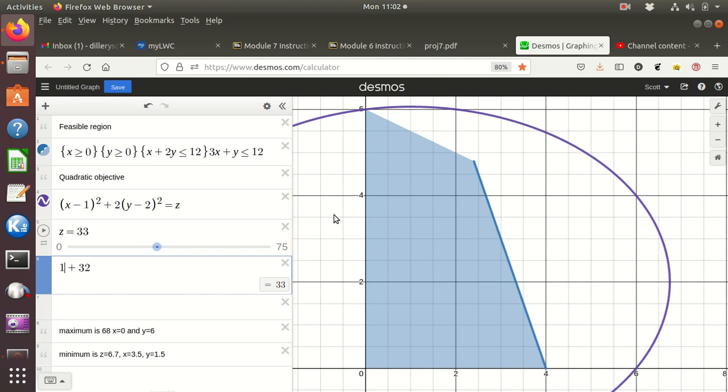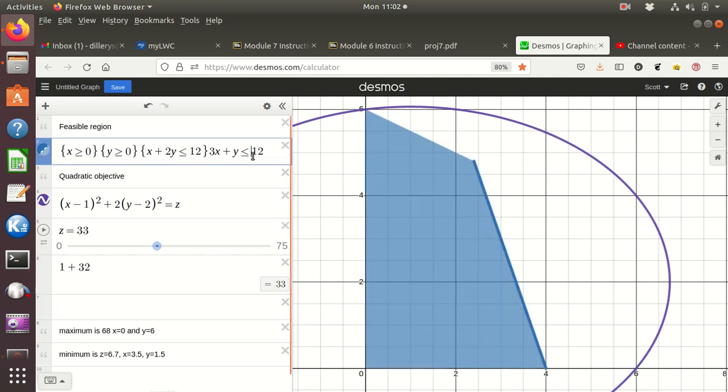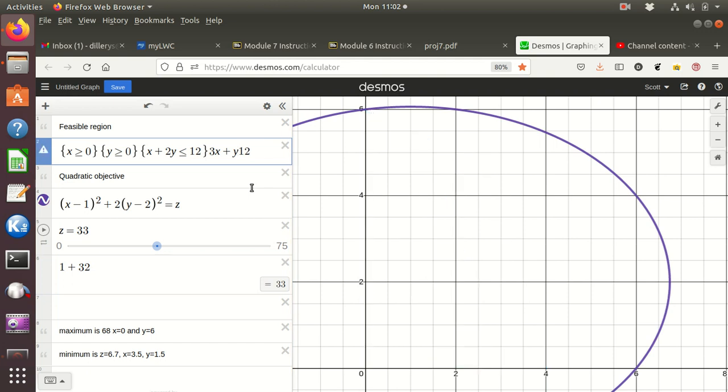Okay, but that is working with quadratic objectives on a feasible region like this. Now, if I change all my inequalities to have one equality, oh, now I just have something like this. And again, I can look at maximums and minimums. So I'll just keep this objective function.